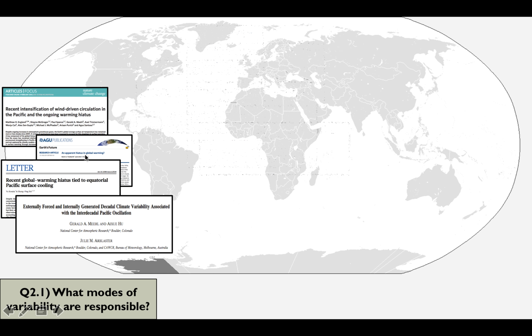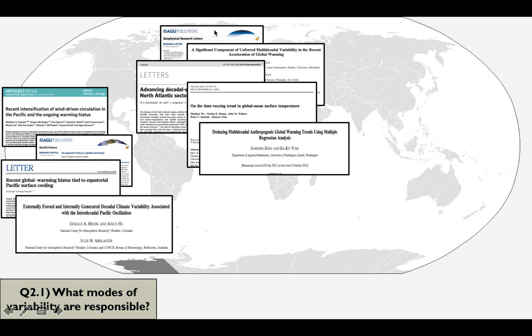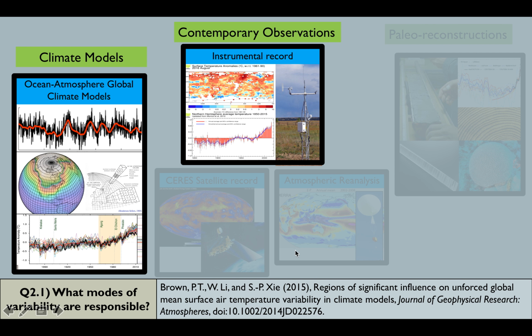So that's kind of one camp. But then there's a whole other group of papers that suggest that no, it's much more the North Atlantic that drives global temperature variability.